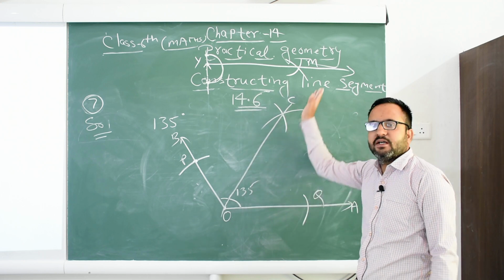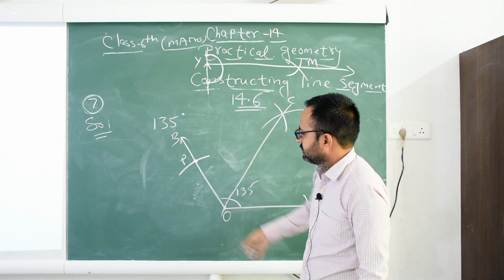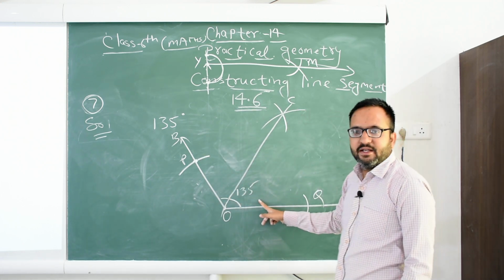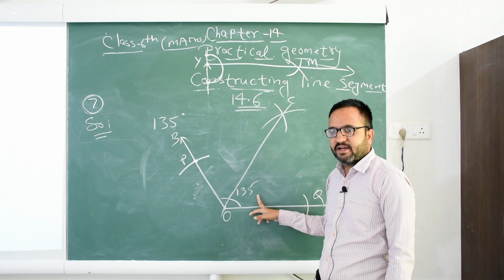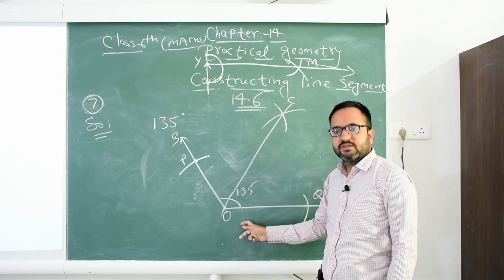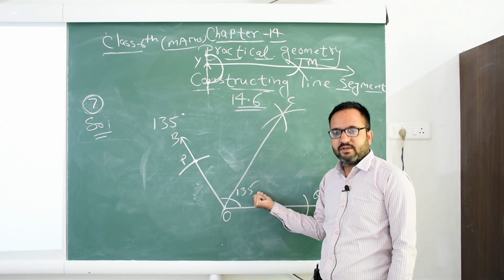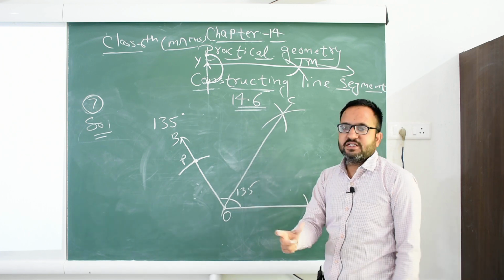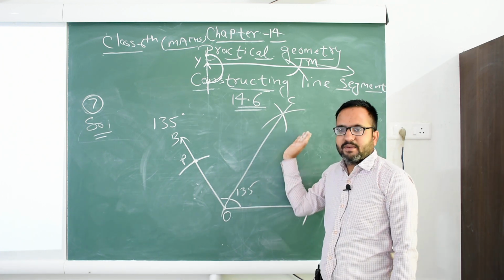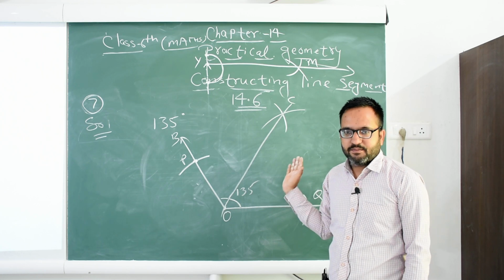So OC is your bisector of angle 135. So this is the procedure to construct a bisector.